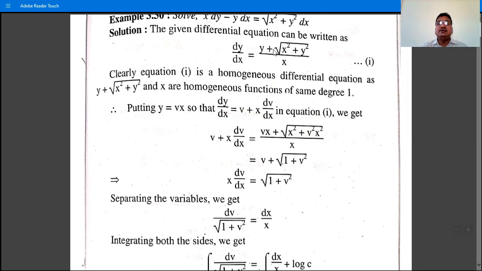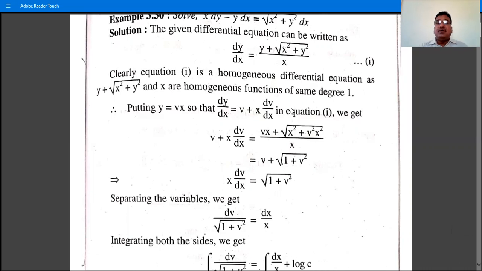The remaining is a function of y by x. So this numerator is a homogeneous function of degree 1, this denominator is a homogeneous function of degree 1, and therefore this dy by dx is a homogeneous differential equation. Now we have to solve this homogeneous differential equation.